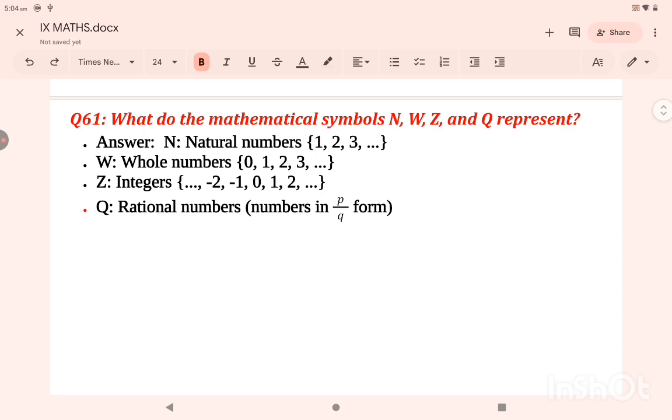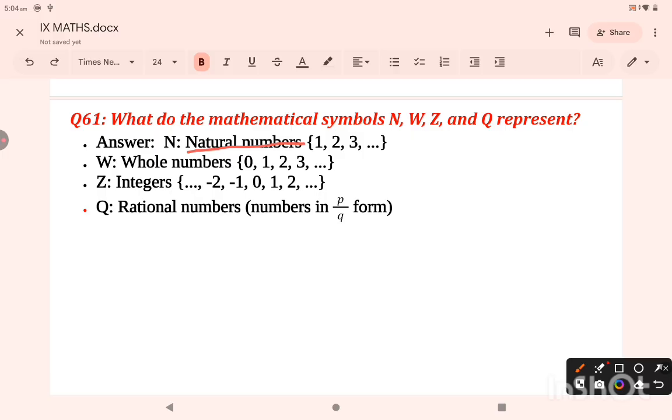Now next one. What do the mathematical symbols capital N, capital W, capital Z and capital Q represent? Capital N represents natural numbers. Already we know that all the counting numbers are natural numbers.